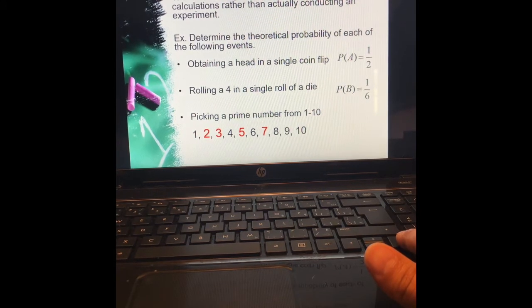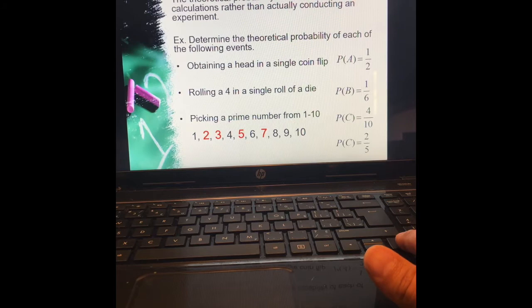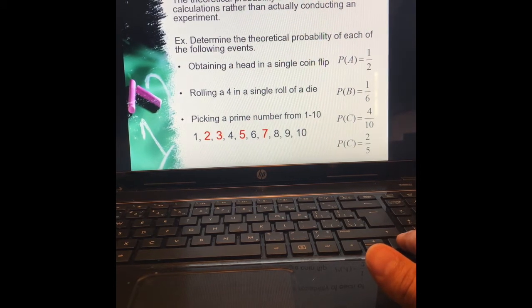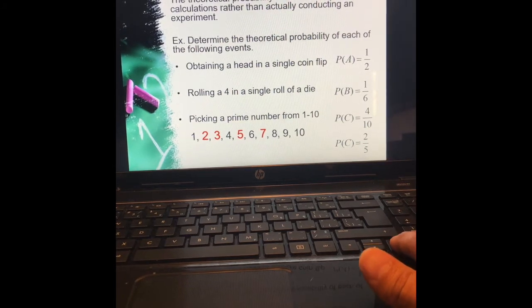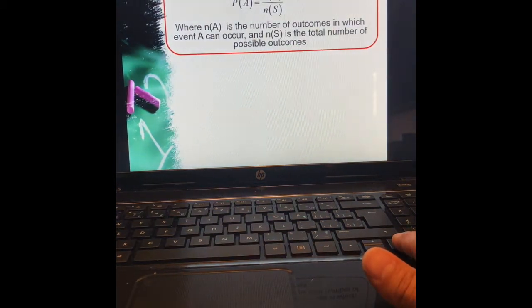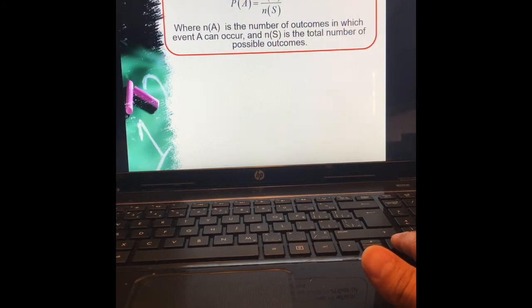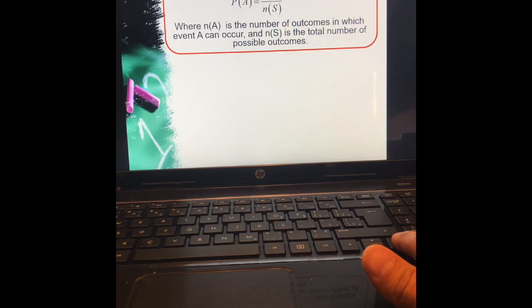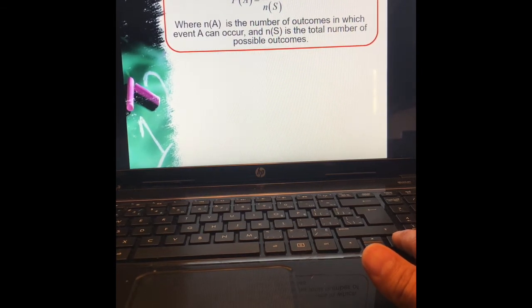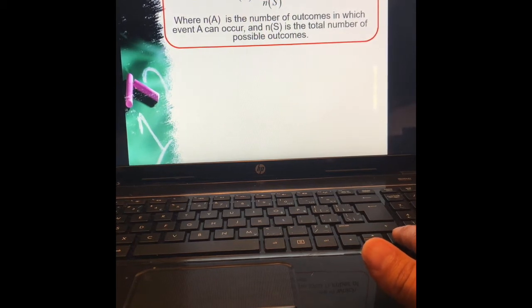So your total is 4 out of 10 or 2 out of 5. Getting into more complicated. Well, before we get there, let's get the general formula. If the possible outcomes are equally likely, then N of A is the number of times A can happen. So the probability of event A happening is the number of ways A can happen divided by all possible events.